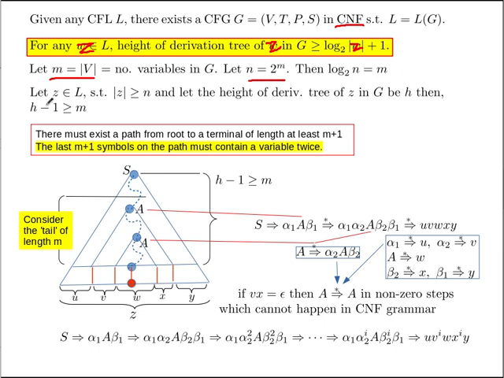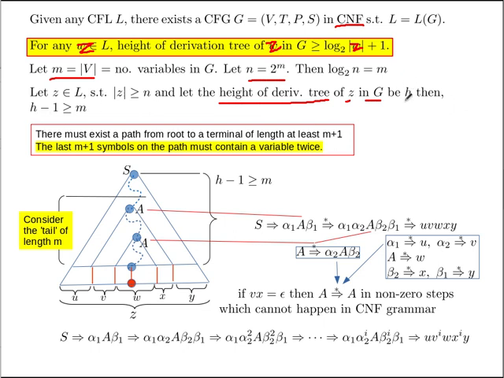So that means if I take any string z in L such that the length is at least n, then the height of the derivation tree in this grammar, whatever grammar we have fixed, should satisfy this inequality, right?